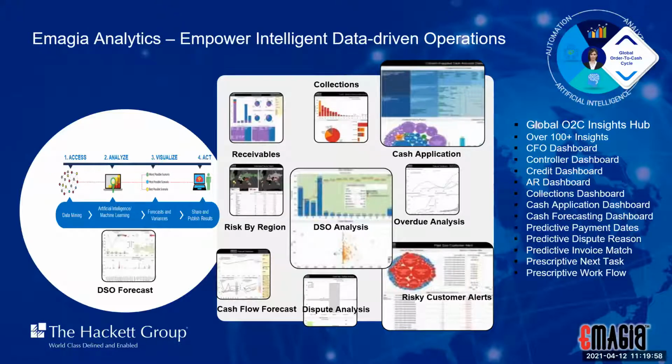It can give predictive analytics, where you can predict the behavior of a customer, for example, or descriptive analytics, simply saying, here is what is happening with your DSO, or with your past dispute information.